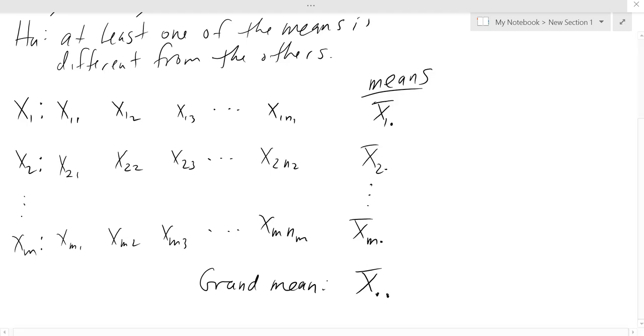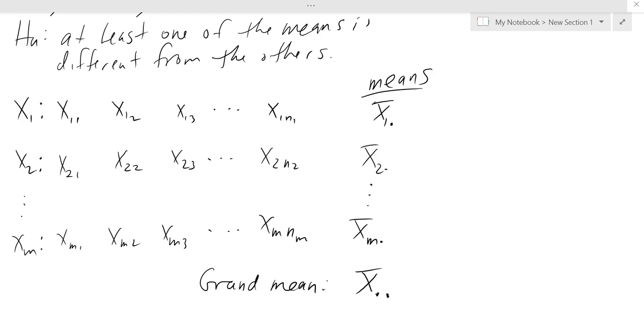So the idea, of course, is that we're trying to check to see if these things are different from each other, right? So that's why we've got these individual means here, because we want to know, okay, we sampled from category 1, we sampled from category 2, all the way down to category M. So it makes sense that we're going to want to know what those are to check whether or not they're equal, right?